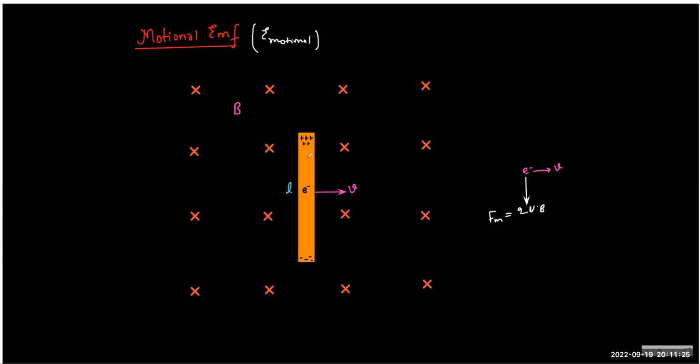And because of the negative and positive charge polarization, an induced electric field will develop between the ends. And this induced field, which was not actually present, now will be present.